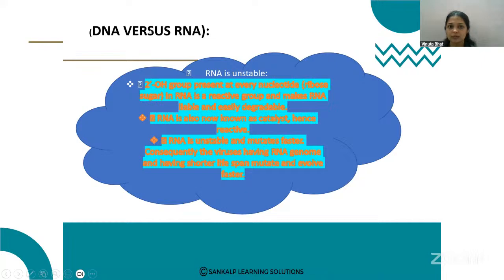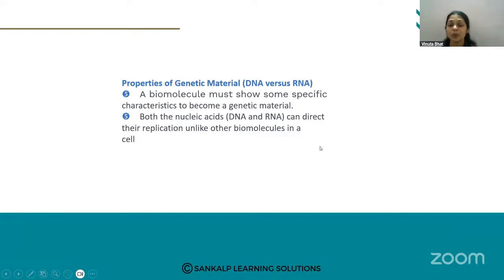DNA is the genetic material in most organisms. RNA is unstable, and the reason we have already covered in the last class. Here, the properties of the genetic material: DNA and RNA are the genetic materials.